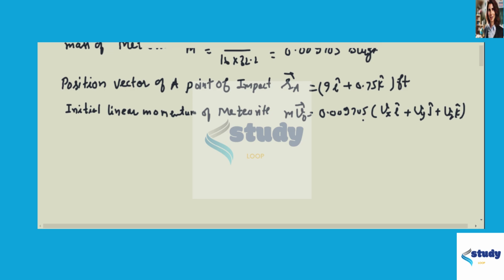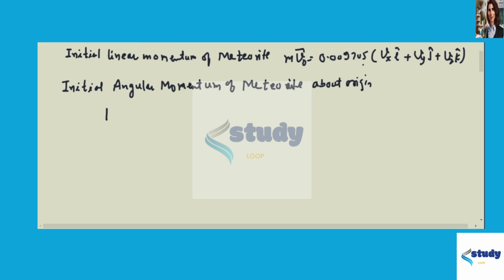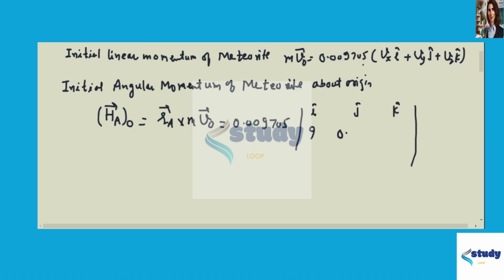Now, moment of momentum about origin initial. So, initial angular momentum of meteorite about origin will be r A cross m v naught. m is constant, so you can take it outside of the determinant while solving the cross product. i cap, j cap, k cap, 9, 0, 0.75, Vx, Vy, Vz.